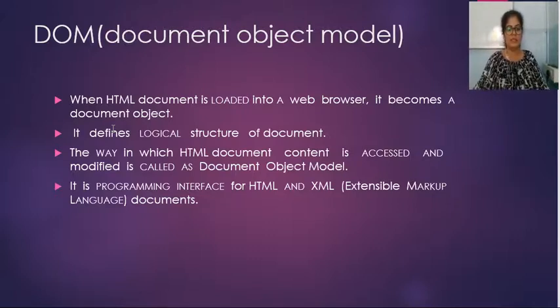So when you access it, modify it, or check the output, all these things are related to the document object model. So that's why it follows the document object model. Now, it is a programming interface for HTML and XML documents.